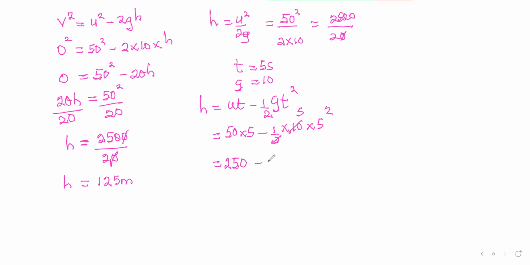What is 5 cubed? 125. So 250 minus 125 is also 125.